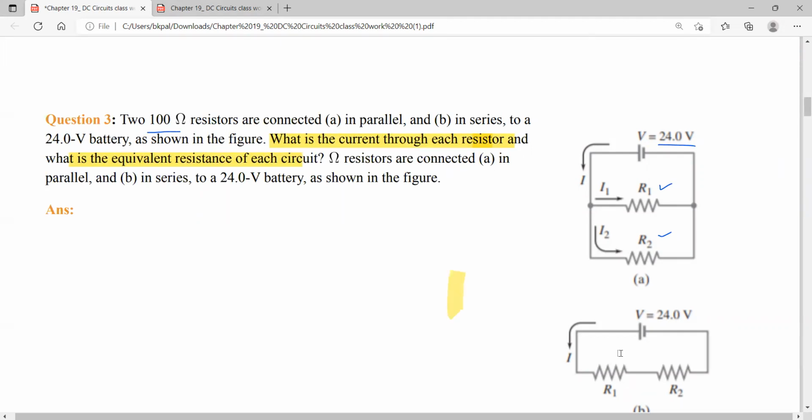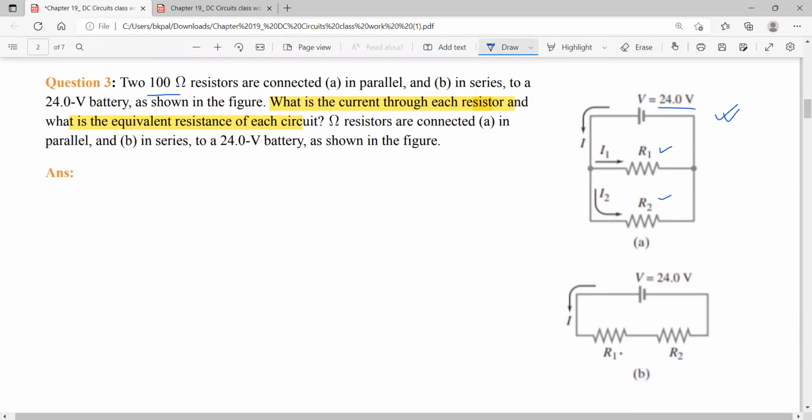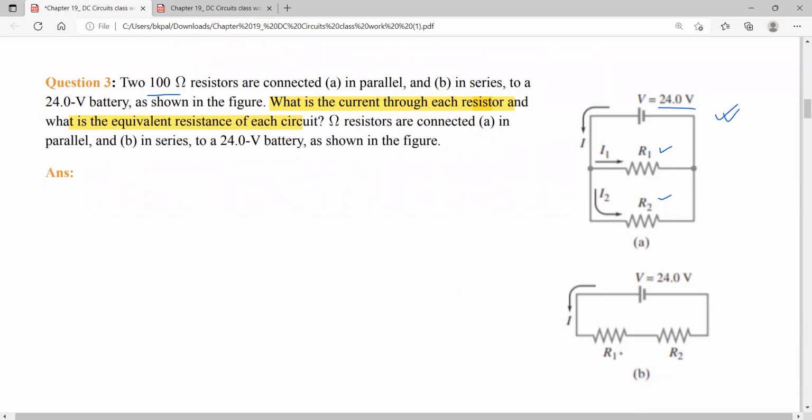First let's start with the parallel circuit. Parallel circuit means this one. How do we determine the equivalent resistance? You already saw in the last problem how I calculated it, so it's basically the same thing, but let me show it again.